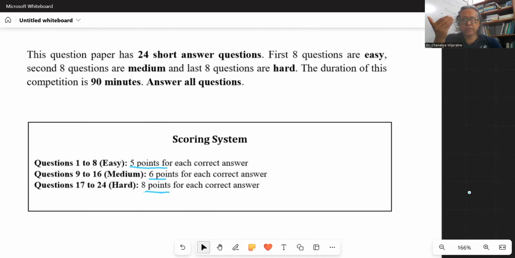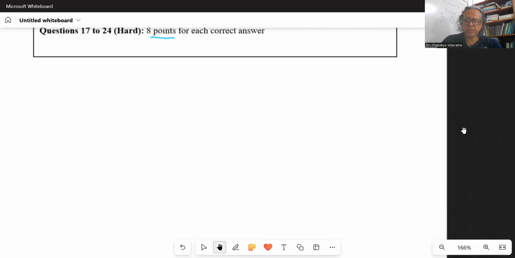And if an answer is wrong, you get 0 points. So that is actually to discourage wild guessing. But here actually there is no guessing. You need to solve the problem and write the answer. So therefore, here in the scoring system, there is nothing for leaving a question unanswered. Okay, let's go to the questions.